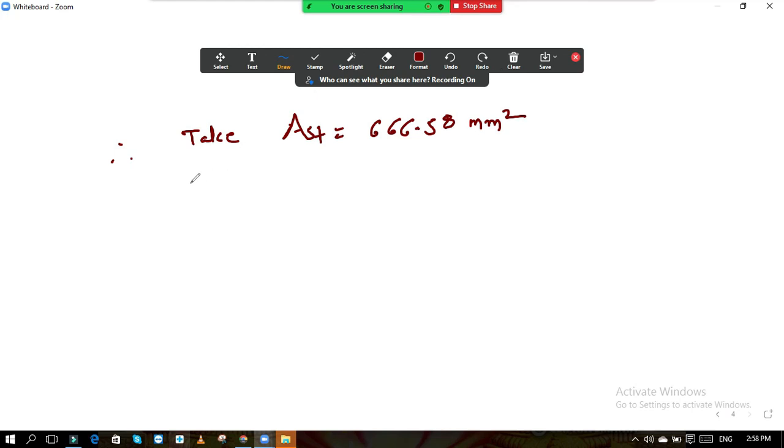Provide 12 mm bar diameter. Now consider म्हणा, अजून प्रोव्हाइड कुठे केलाय. Consider 12 mm bar diameter.